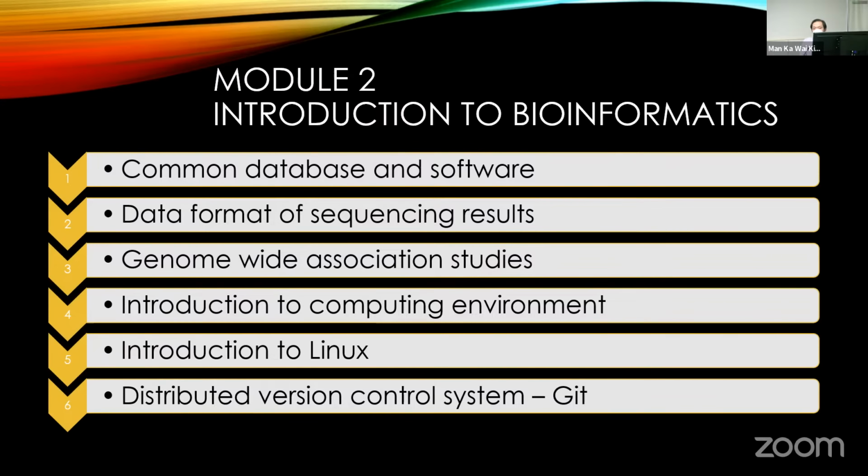But once we have a large amount of data, a longer sequence, or sometimes an unknown mutation where we don't know exactly where it is, it's impossible for a person to analyze that. That's why we introduce the common software for you to analyze at the beginning, at this preliminary stage.